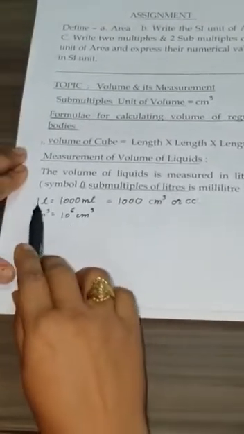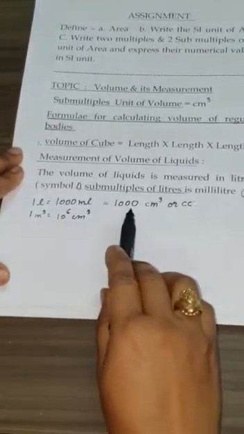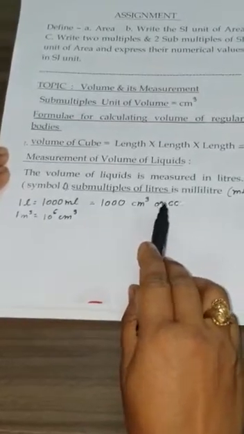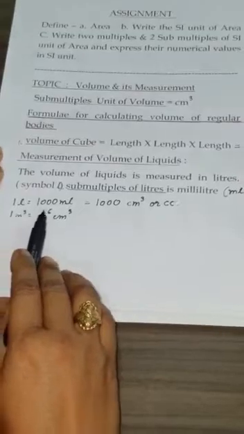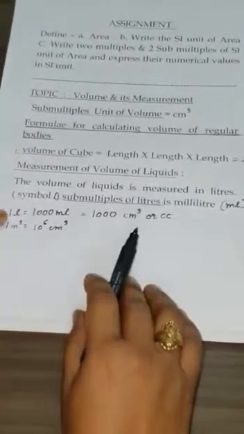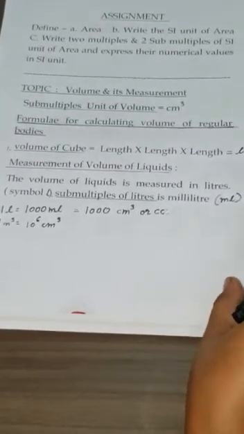The relation: 1 liter is equal to 1000 ml is equal to 1000 centimeter cube, or cc. Cc, cubic centimeter. 1 meter cube is equal to 10 to the power 6 centimeter cube. These are all the relations, and these relations will help us in doing the numericals.